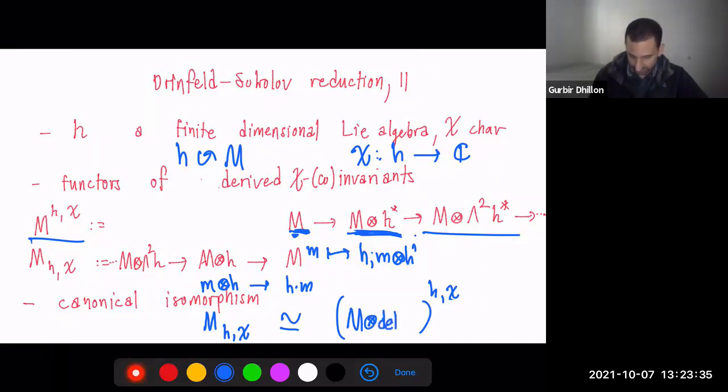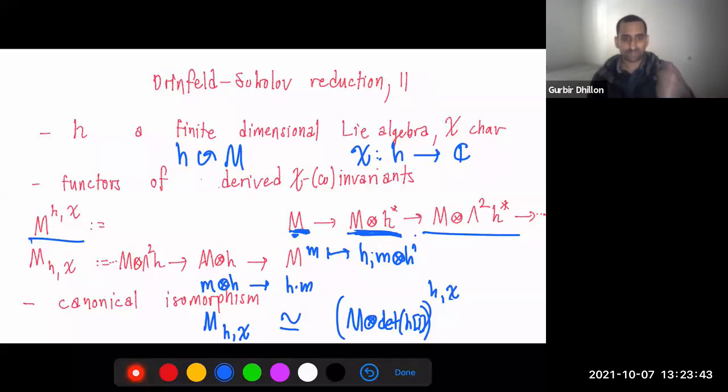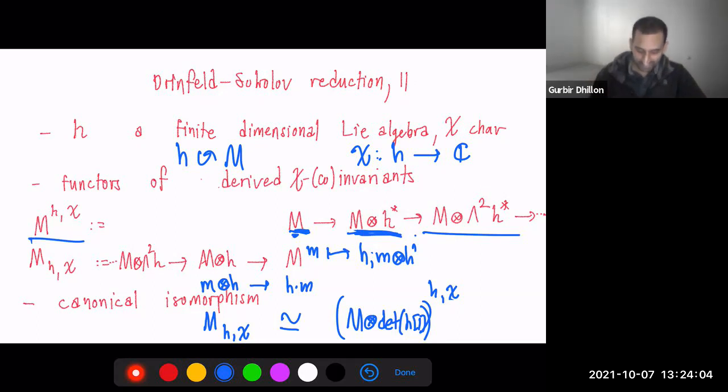So you multiply M by the determinant of h shifted by 1. It's a technical point, but the basic point is that for finite dimensional Lie algebras, there's only one way to gauge. Another way to say this, which will hopefully orient us for where we're going, is that in both cases the complex that computes this looks like M tensored with some exterior algebra. When you write it one way, you start on one side of the exterior algebra and march to the other. When you write it the other way, you start at the opposite end and march back to where you started.